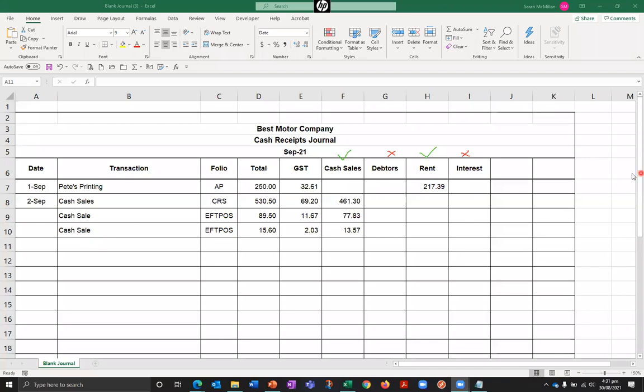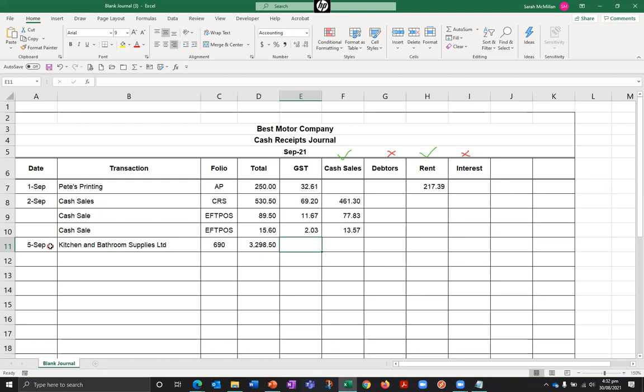So to complete this, we put in the date, which is the 5th of September. We use Kitchen and Bathroom Supplies, because this is who we received the cheque from. The folio is the number of the receipt that we issued, which is 690. And the total was $3,298.50.